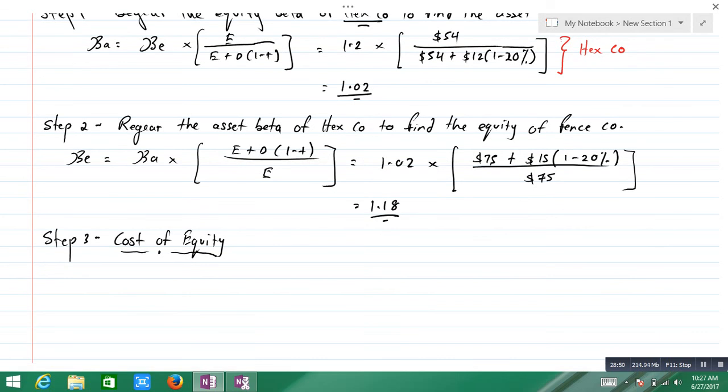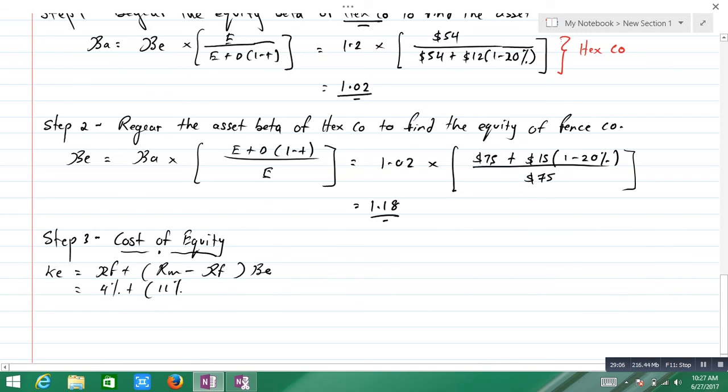So what is going to be the answer? That will give you 12.26%. So we're done. That will be the final answer for part B.